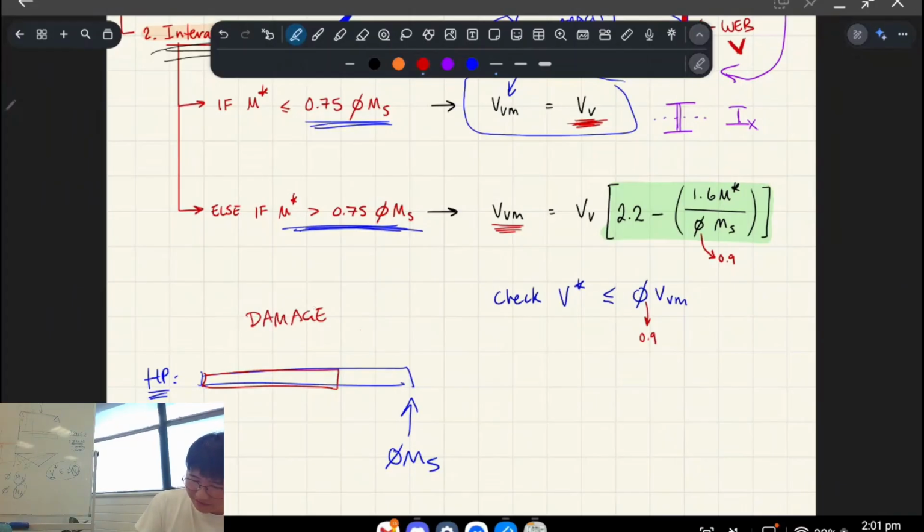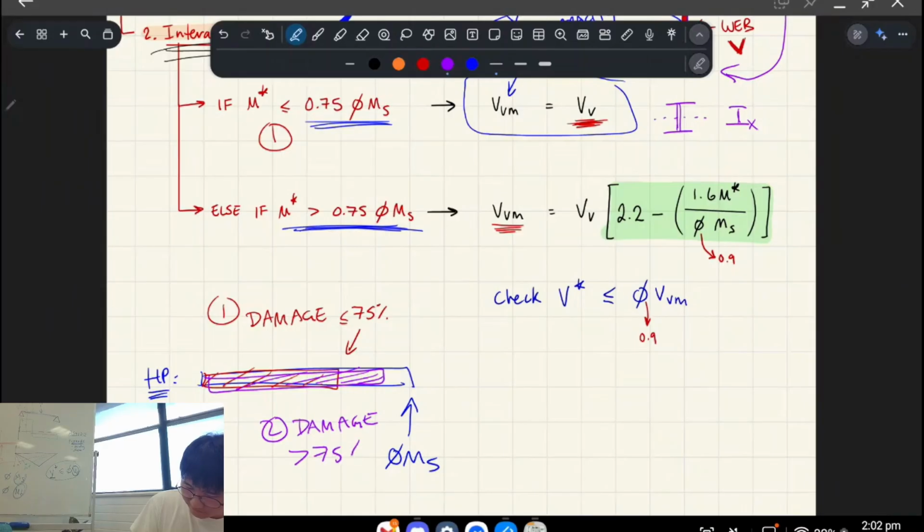So the idea is if this damage bar is less than 75%, then we do case 1, okay? That's case 1. And case 2 is if the damage is greater than that. Okay, and then we have to reduce it. Does that make sense?